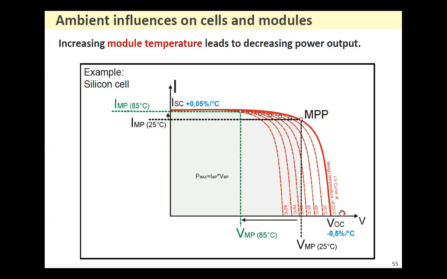Here's the curve at 25 degrees Celsius, and here's the maximum power point. Now if the temperature rises to 35, 45 or 55 degrees, the IV curve is shifted back. Because this curve is shifted, the maximum power point is also shifted. It means that increasing module temperature leads to decreased power output of your solar panel.